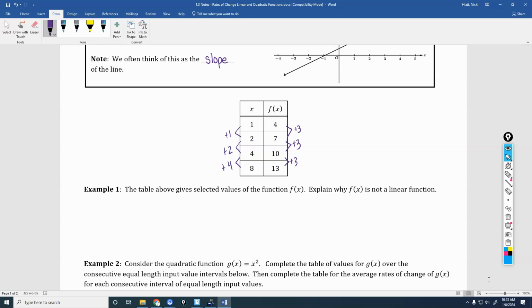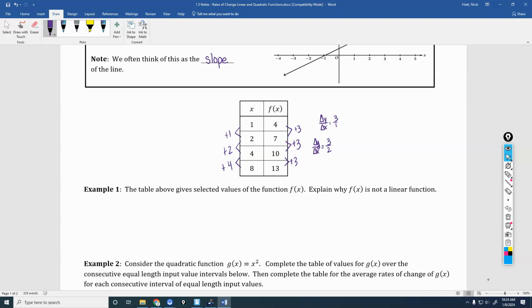So if we are looking at our slope for that, it is our change in y over change in x. If I use that delta before, that triangle, that triangle is delta, it means change in. And so the change in y was the one on this right side. It was 3 over 1 between these first 2 points, right? But then for the next one, my change in y over change in x is 3 over 2.